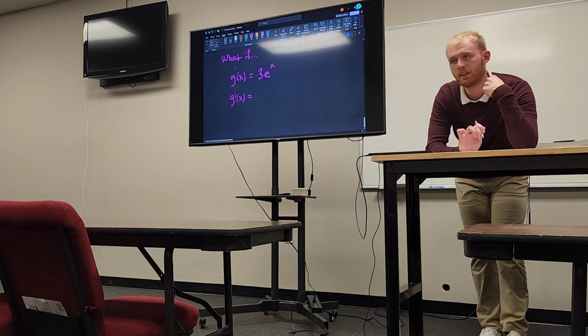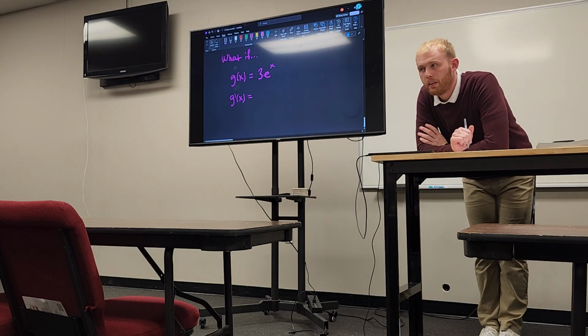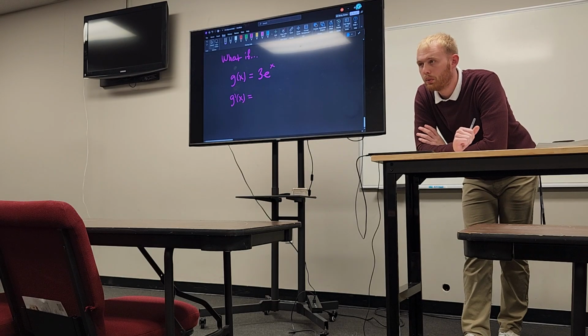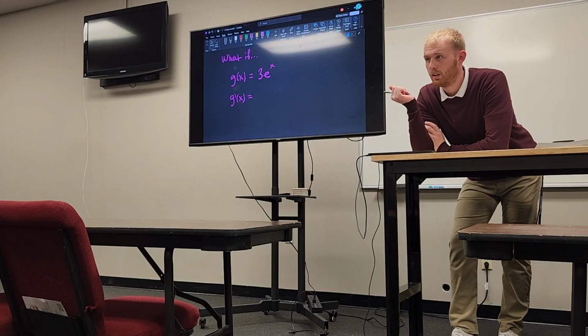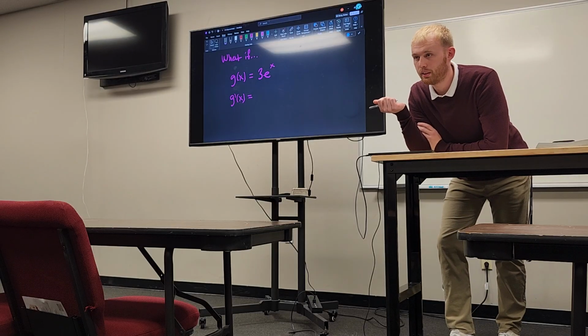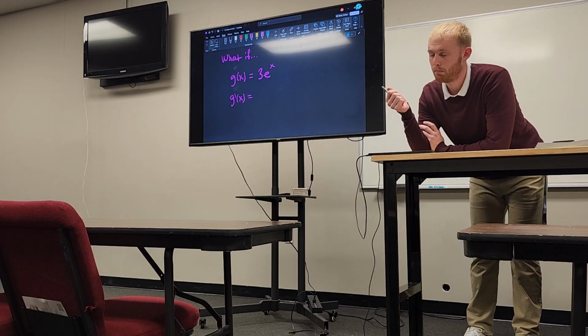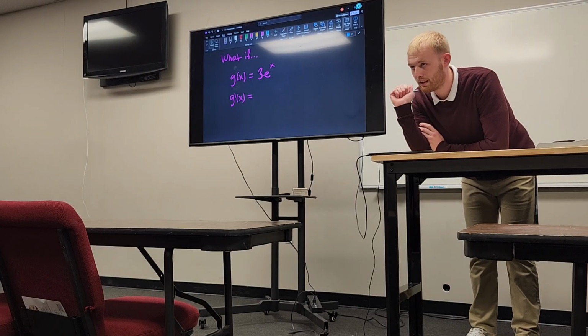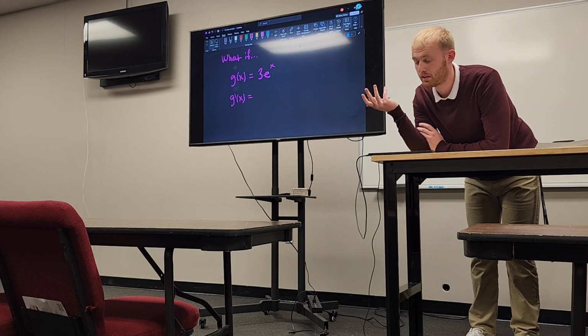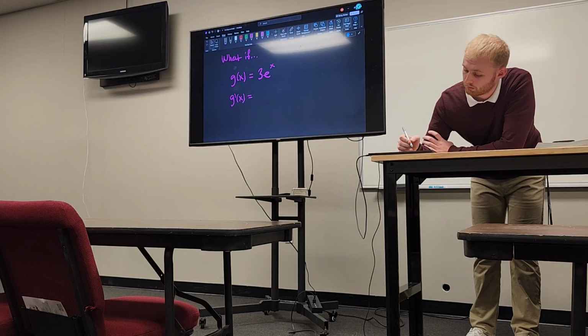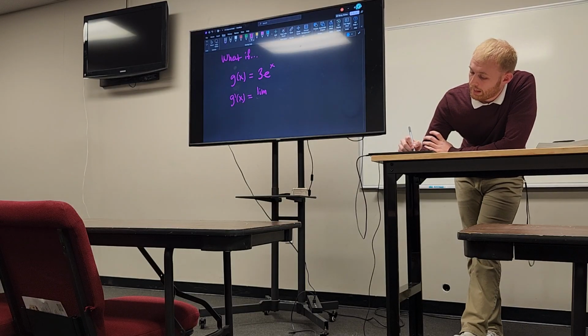It's weird. Let's see what happens if we find the derivative formula for this function. Because e to the x all by itself is amazing, but also it's really simple. It's just itself. But what about this? If I have 3e to the x, is it just as simple? Let's find out.